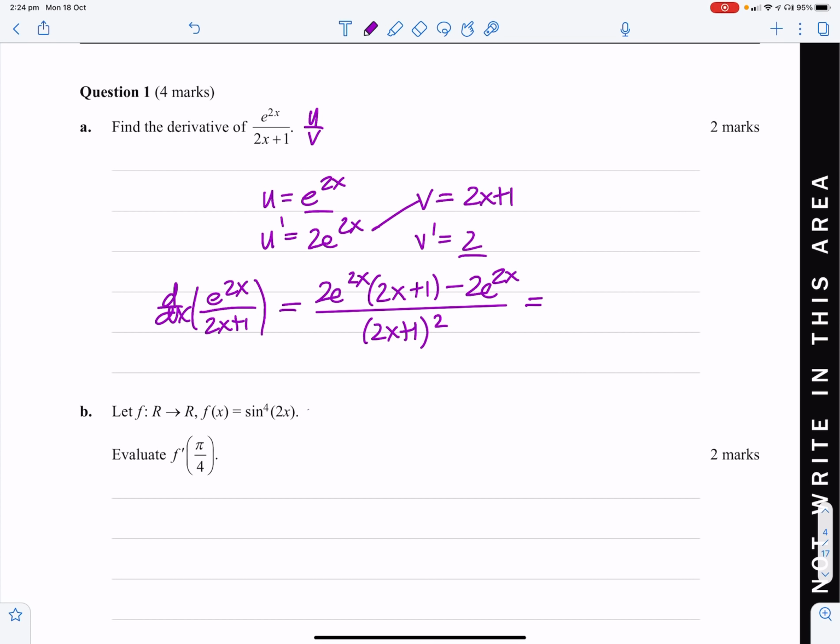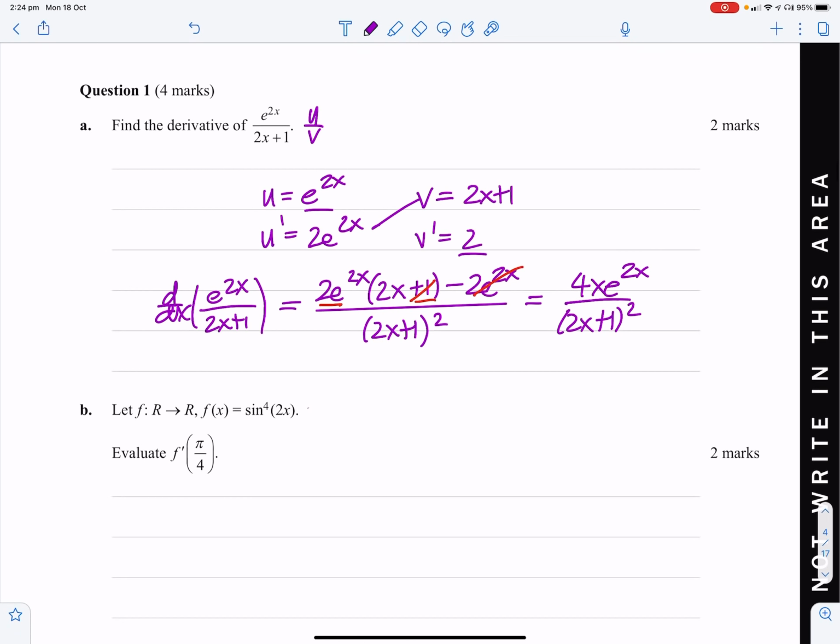I don't think they'd take a mark off if you didn't simplify it, but this here, the 2e to the 2x minus 2e to the 2x, they will cancel. So we're left with 4x e to the 2x over 2x plus 1 squared.